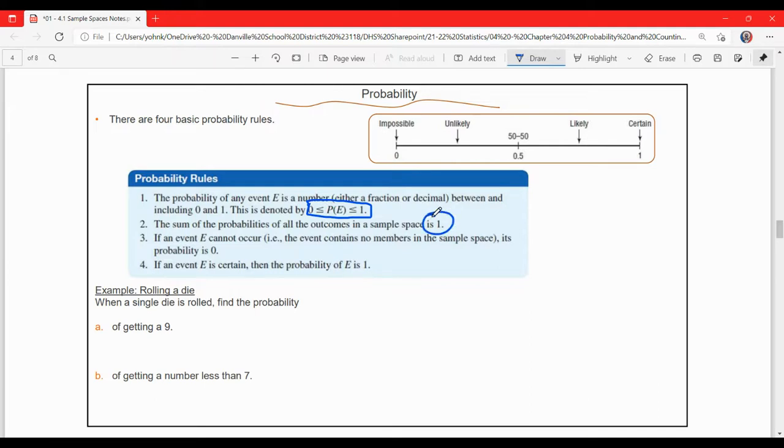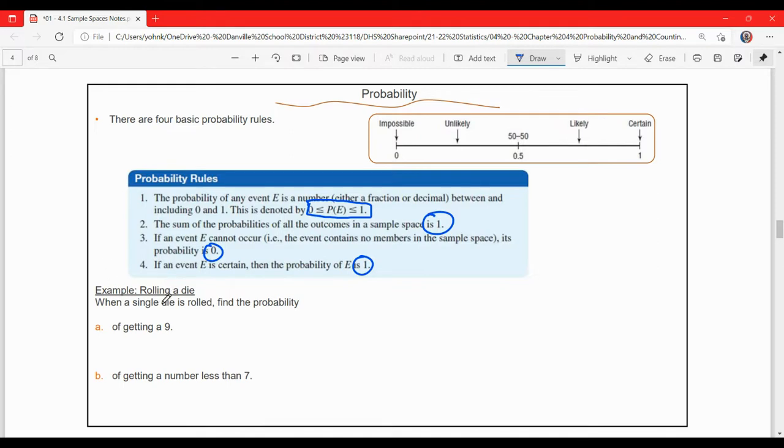So that means if I find different probabilities of pulling different cards, if they're all outcomes in the sample space, then they would total 1. Number three, if an event cannot occur, its probability is 0. We just talked about that. And number four, if an event E is certain to occur, then the probability of E is 1. Again, that comes from the fact that the bounds on probability are 0 and 1.